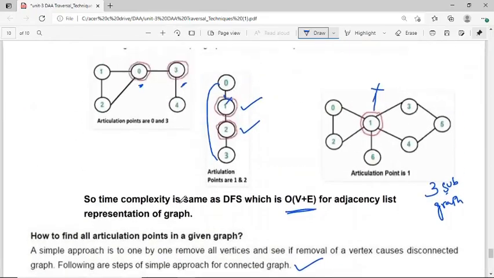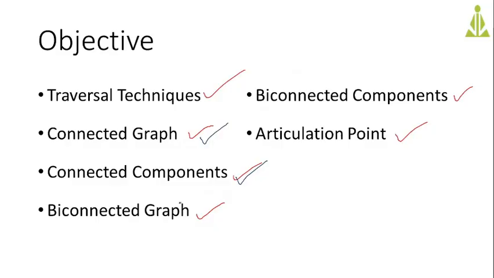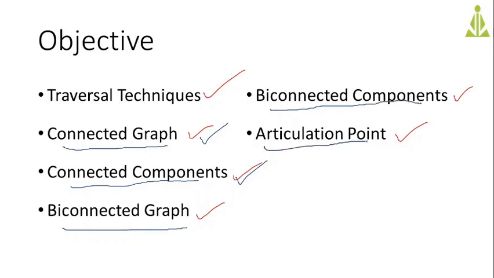So this is about today's lecture. What we have completed today: connected graph, connected component, biconnected graph, biconnected component, and articulation point. Okay. Another name for an articulation point is cut point and cut vertex. Okay.